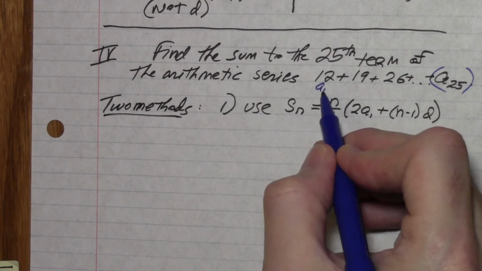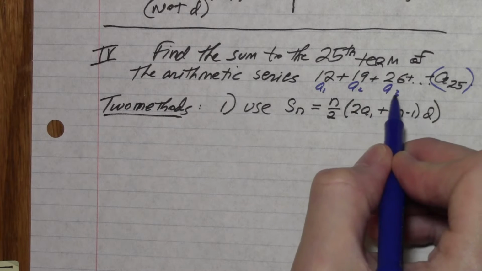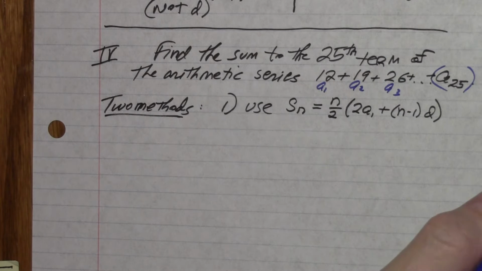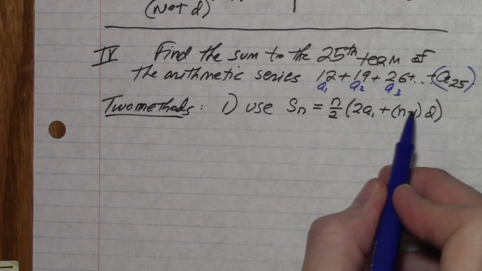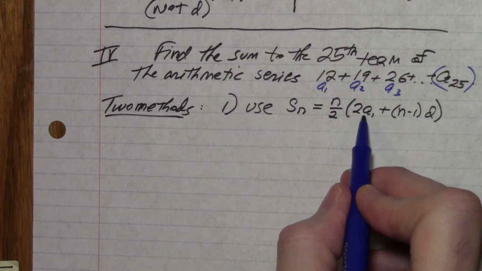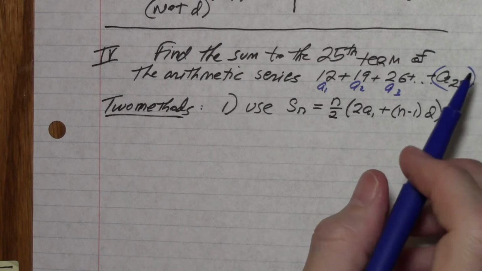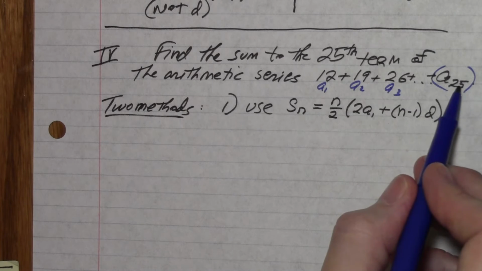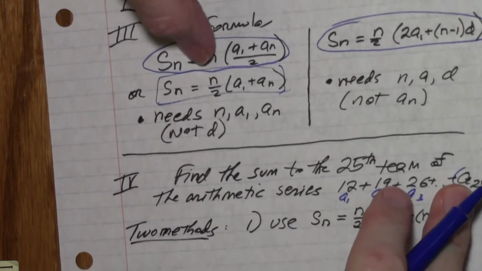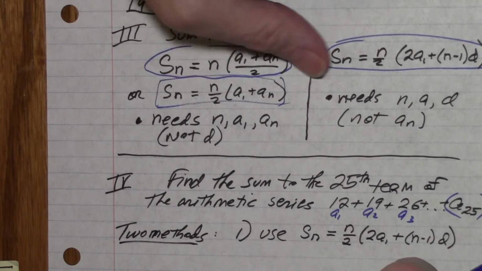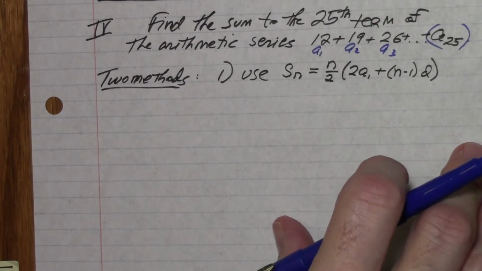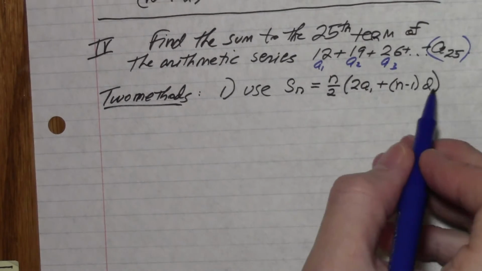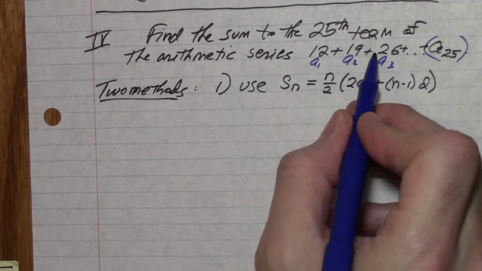Here's your first term, A1, and A2, then A3, and so on. So for this one, we need the difference, we need the number of terms, we need the first term. We don't know the amount of that last term, and that's why this is not such a good one to use.